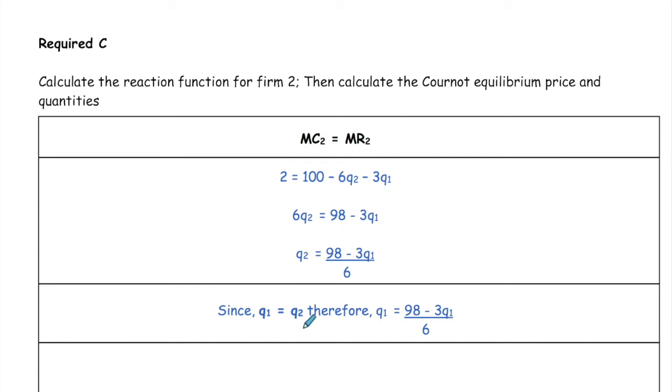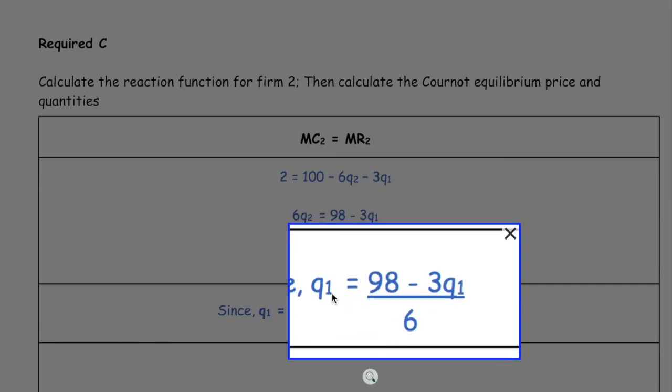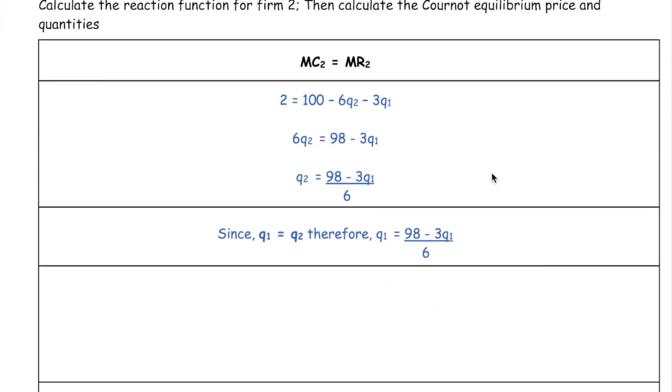And so, because the two quantities are the same, I can grab one of the firm's reaction functions and simply replace Q2 with Q1, and now there's just one unknown in this expression, so I should have the ability of solving for Q1. And whatever the value of Q1 is, the same is going to be the value of Q2. If we work out the math, we can multiply both sides by 6, and so 6 times Q1 equals 98 minus 3Q1.